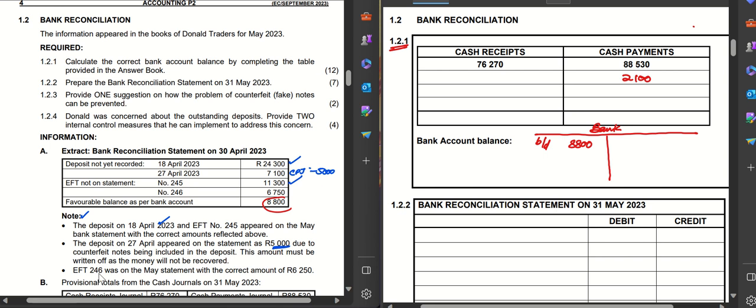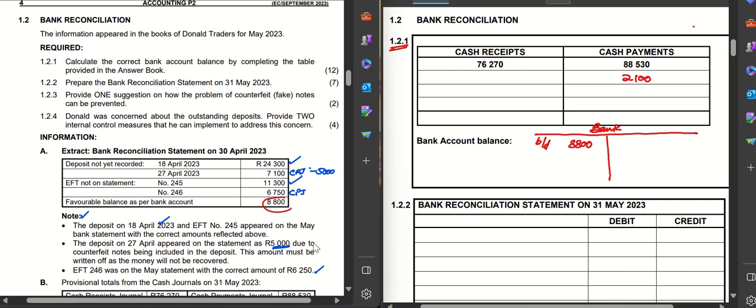Let's move on to the next one. It says, EFT 246 was on the bank statement with the correct amount of 6,250. So that means this EFT was recorded, remember, in the CPJ. Remember that the deposit was in the CRJ, and the EFT is in the CPJ. So EFT number 246 was recorded as 6,750, but the correct amount must be 6,250.